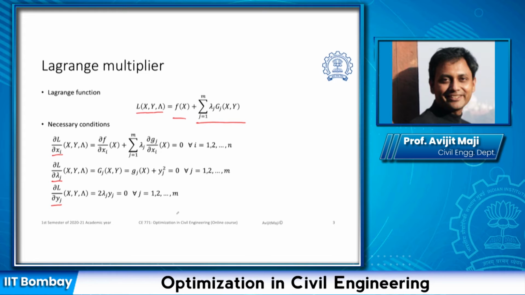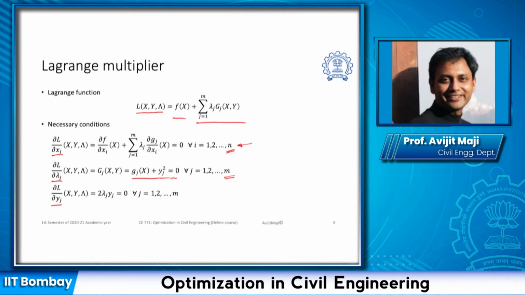If we take the partial derivative with respect to the variables, we obtain this equation, which is going to be equal to 0 as part of the necessary condition, and we are going to obtain n such equations. Now when we take the partial derivative with respect to the Lagrange multiplier lambda, we obtain m such equations, and those are going to be equal to 0. And here is the equality constraint which we had formulated from the inequality constraint.